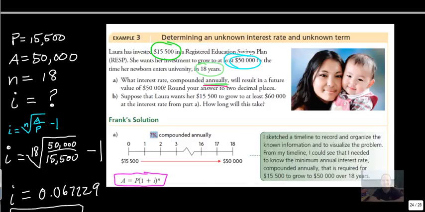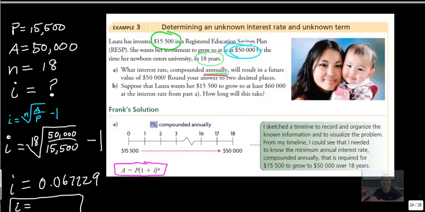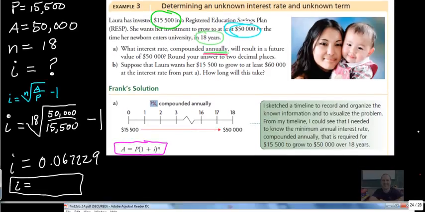This looks an awful lot like the decimal form of a percent. So our percent is going to be 6.72%. That's the annual rate because this is compounded annually.